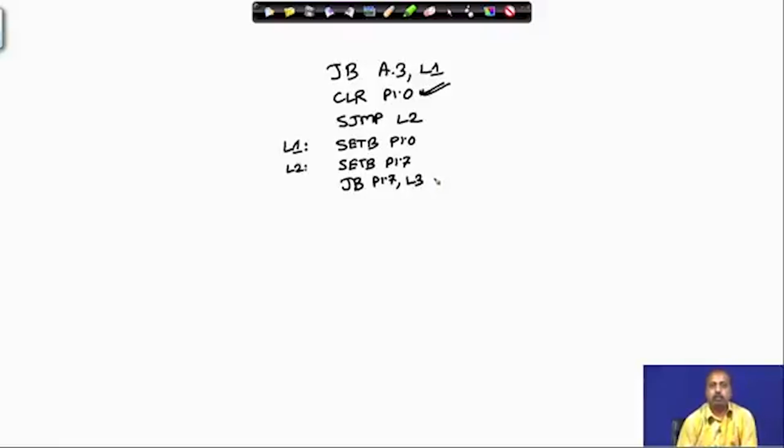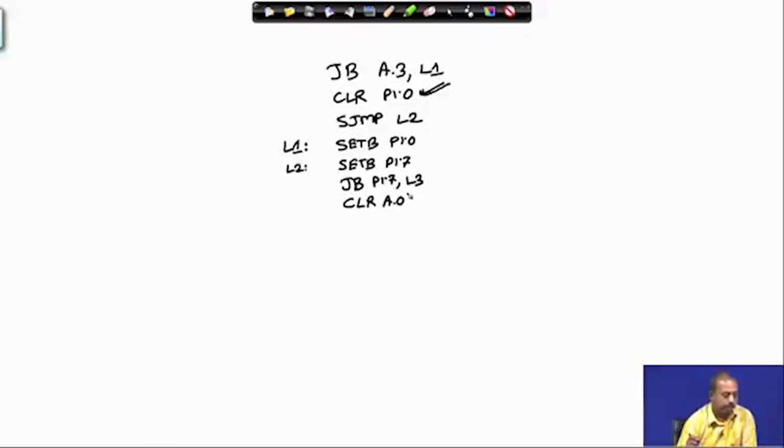This JB will be reading this particular bit, and if the bit is set, then it will jump to L3. Otherwise, if it is not set, then I can clear the LSB of the accumulator.